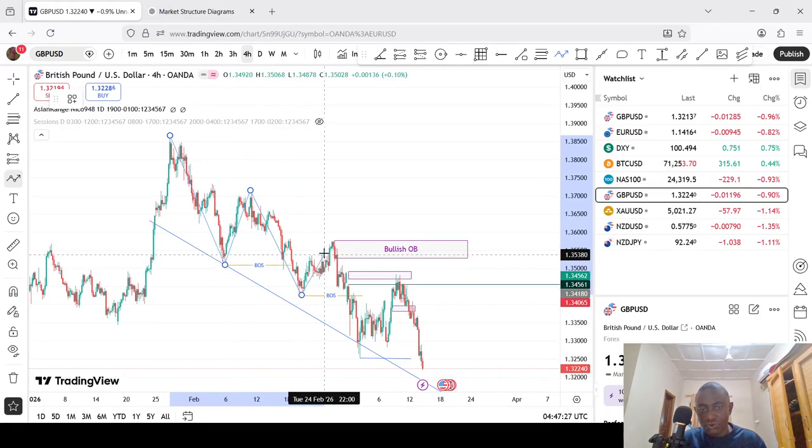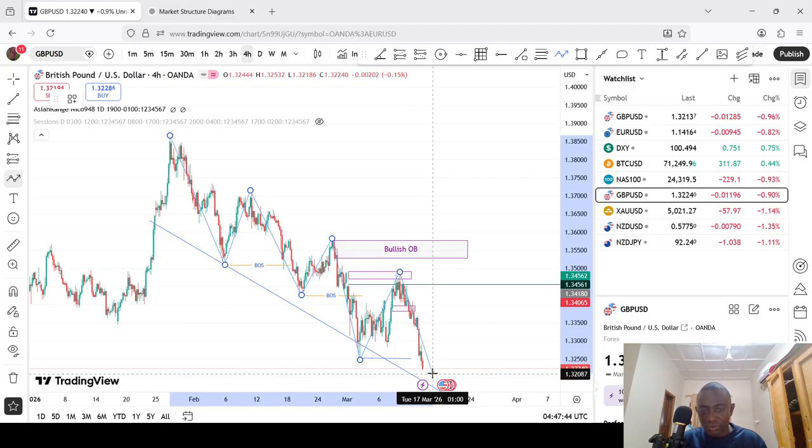You understand? So it came this high, then you use this point to break this level again. Then from this one to around this point, it used that side to break this level again.